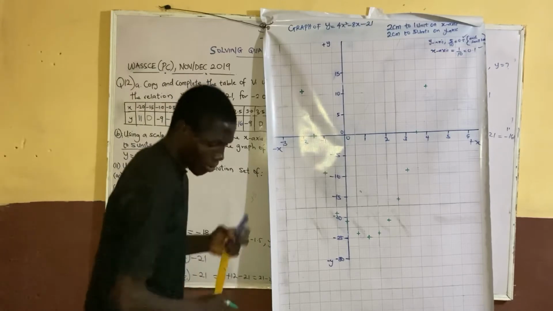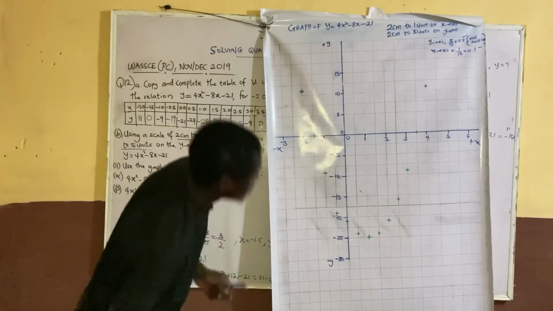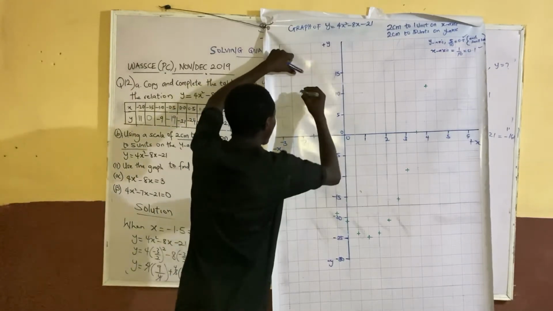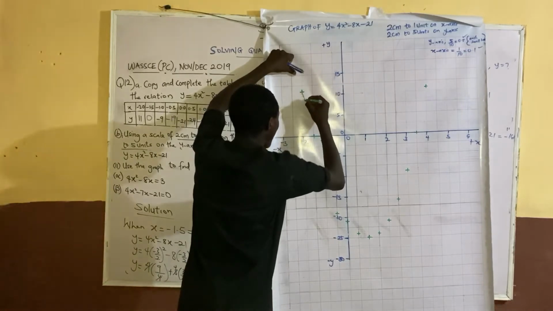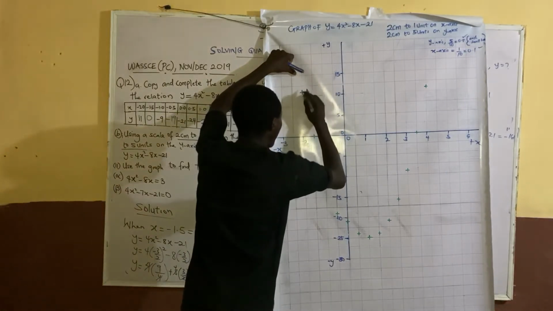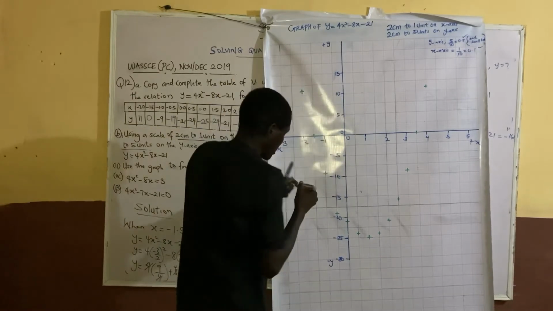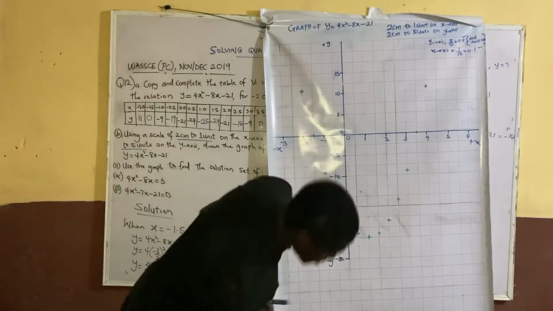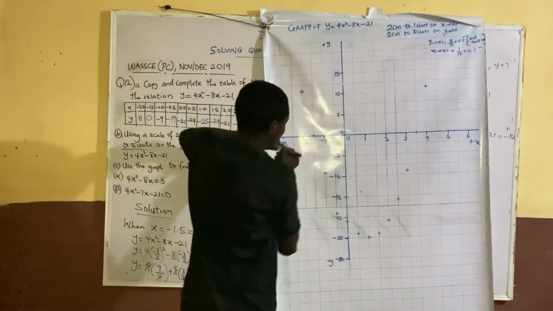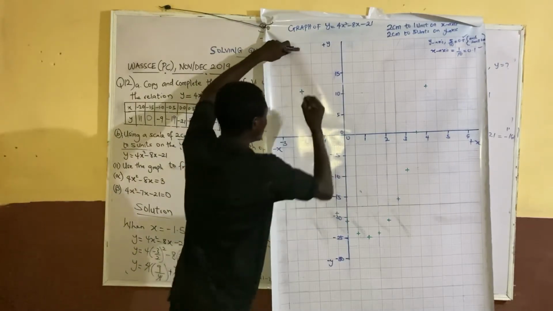So let's see how we are going to draw it gently. Let me use black. Please ensure that you draw it neatly.